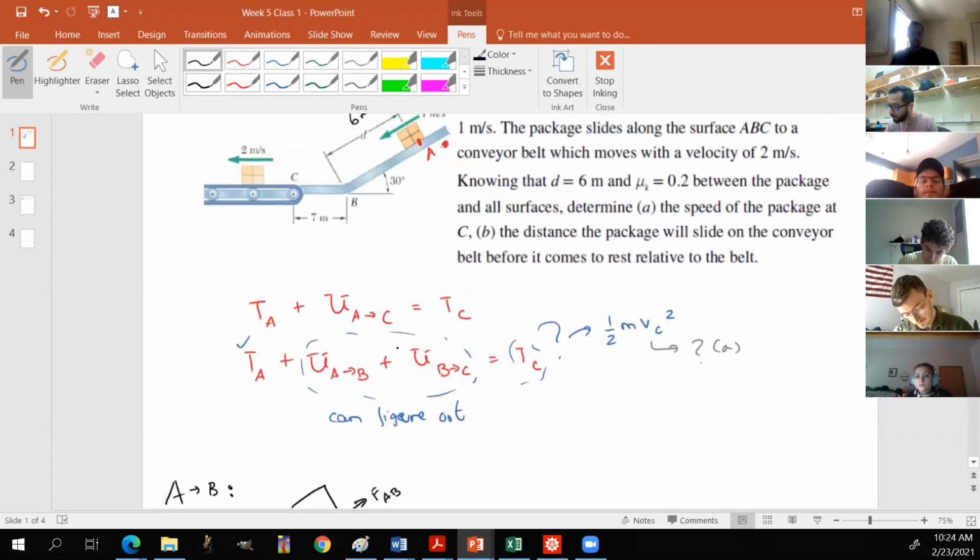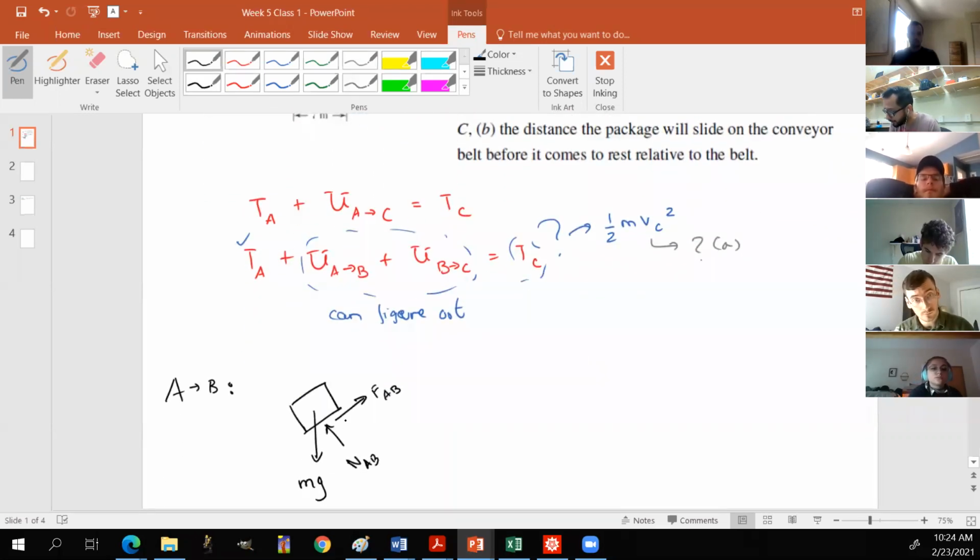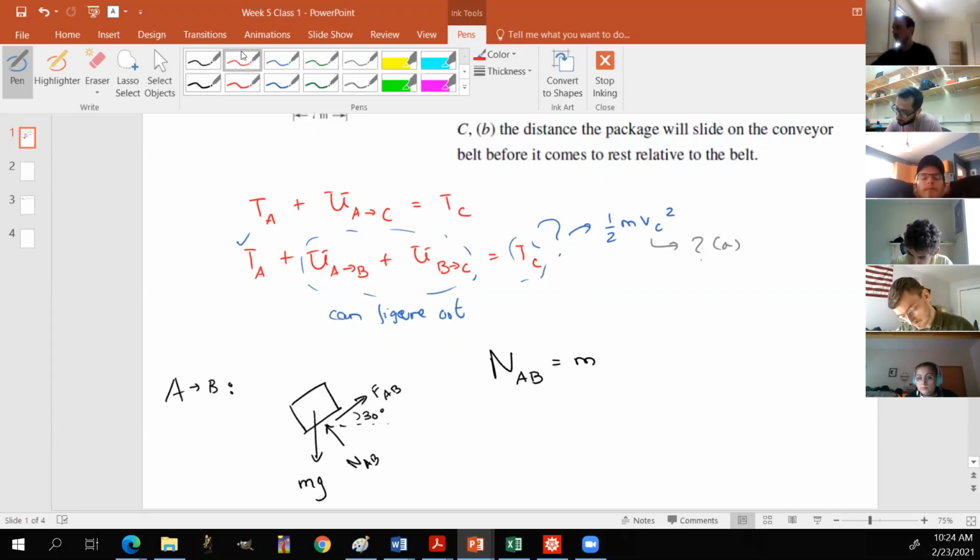And also, we know the angle of the incline is 30 degrees, right? And we know that FAB has to be found in terms of the reaction force. So the first expression we can write straight away is that the normal force is equal to, and again, coordinate system X, Y, like that.